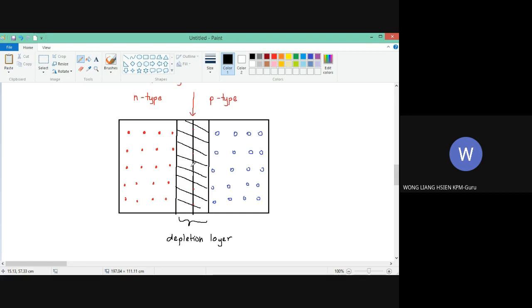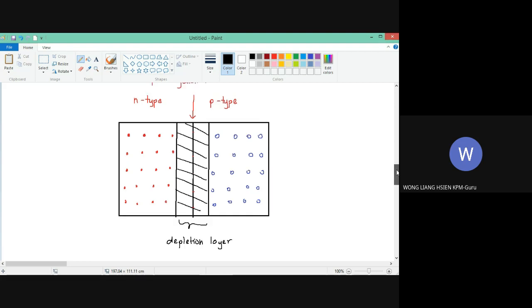Only the area that is near the junction will become depletion layer. Okay, so this is what will happen when the P-type and the N-type semiconductor join together.